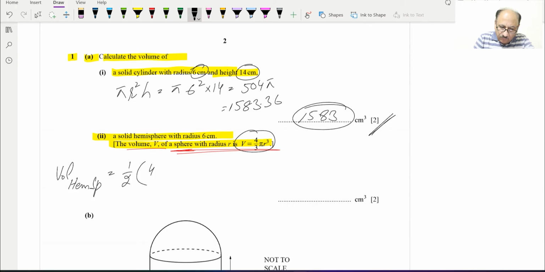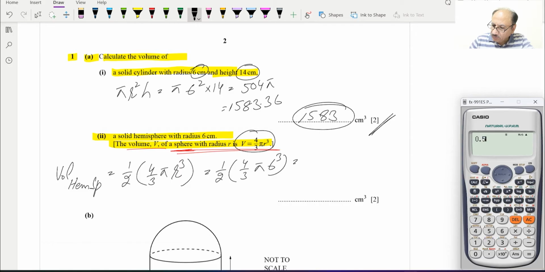So we can write 4 by 3 pi r cubed, and this will be equal to 1 by 2 into 4 by 3 pi, and radius is 6, so 6 cubed, and this we can calculate.